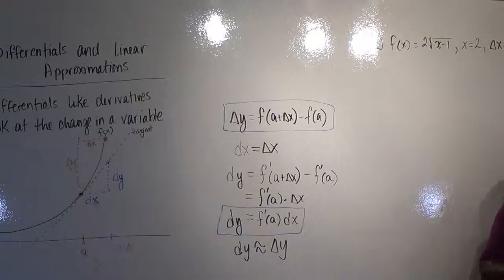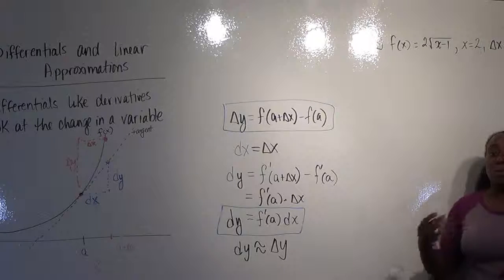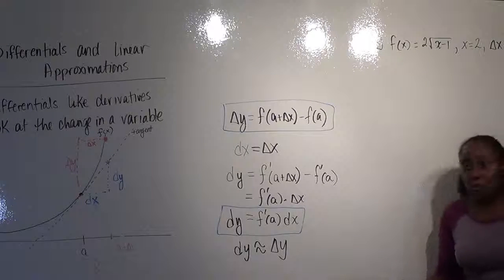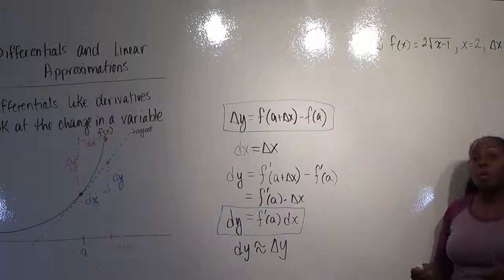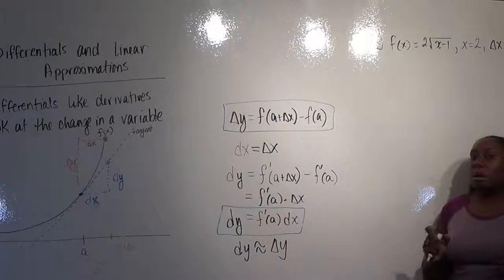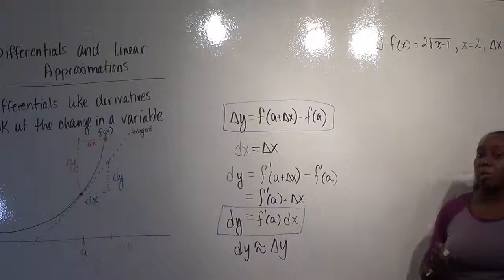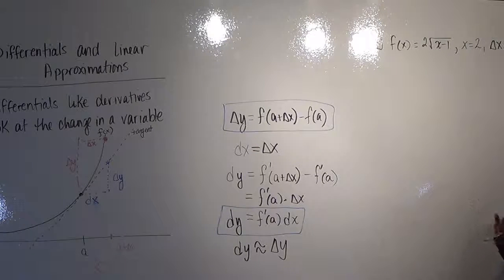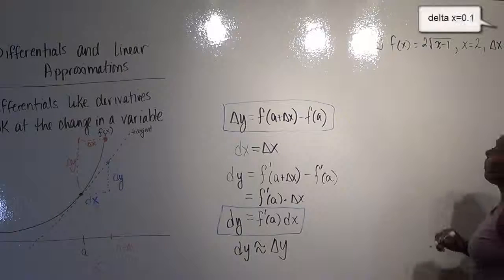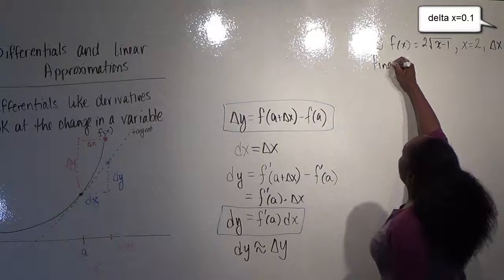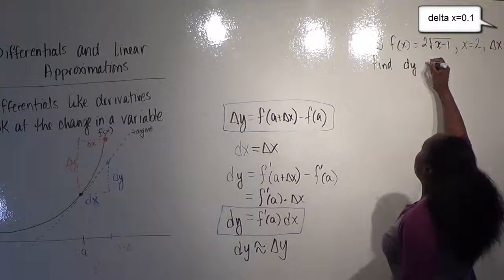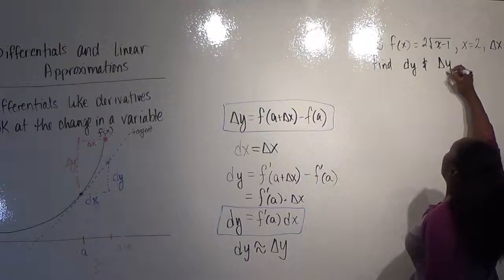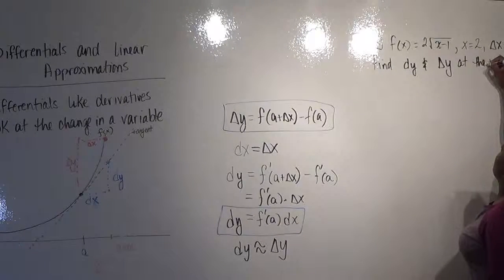Again, I caution you because if you have a delta x that's 1 or 2 or something like that, where it's a nice whole number, your values may not come out so close. And so when you go to check, you've got to be aware of that. But for small delta x's, you should be able to approximate them and see that they are relatively close. Okay? So for this one, let's say we want to find dy and delta y at the values.